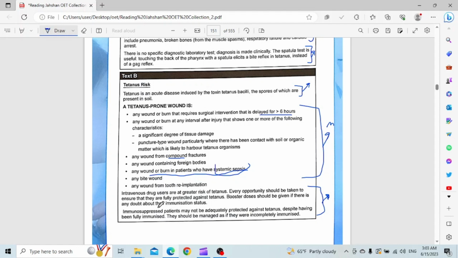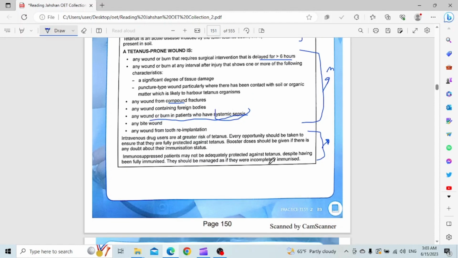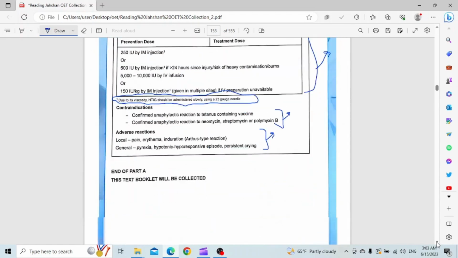Anyone from implantation. Okay, this is the recreational drug user. And what else? Every opportunity. Okay, the immunization state. Immunocompromised. So it's an immunocompromised patient. The answer would be recreational drugs and immunocompromised patient. These are two important things.